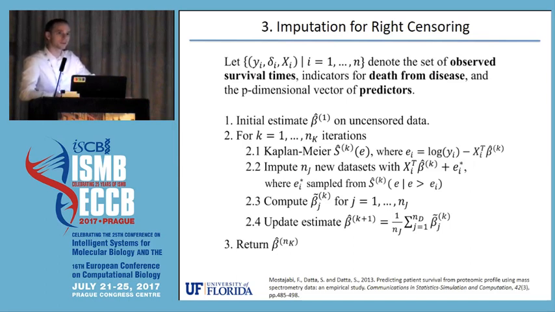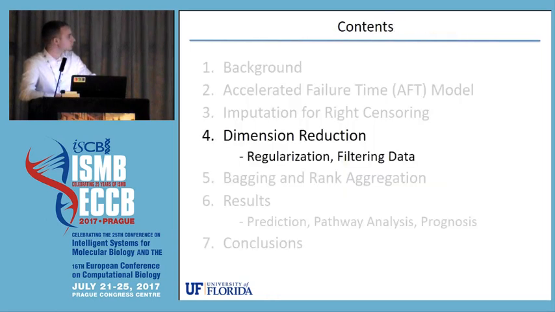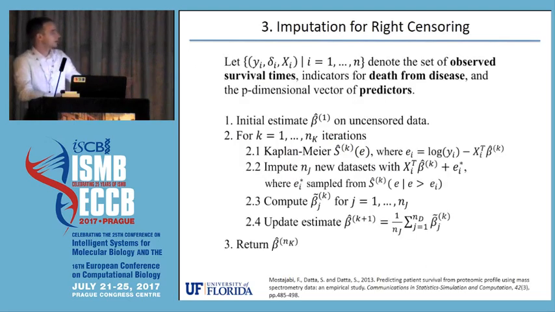We sample from those residuals and then use those to impute the censored observations. And then we have a full data set again, and then refit the model, and we continue like that iteratively. And that's basically all we do. There are other methods, but this is the one that we stuck with.